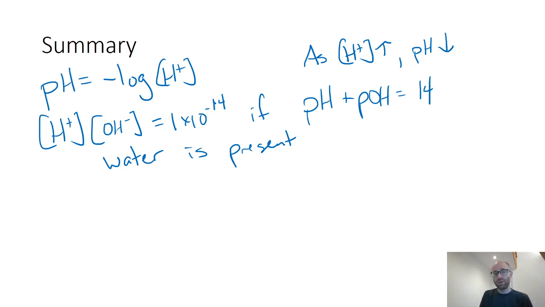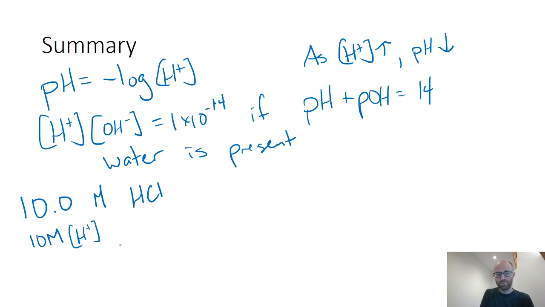So hypothetically, you can make a 10 molar HCl solution. And that means that you would have 10 molar H plus. So the negative log of 10 equals negative 1. So your pH would be negative 1.